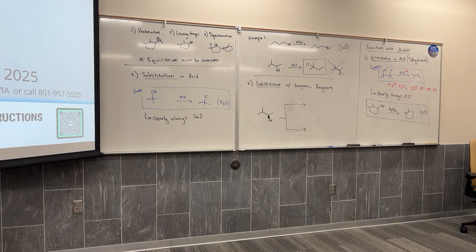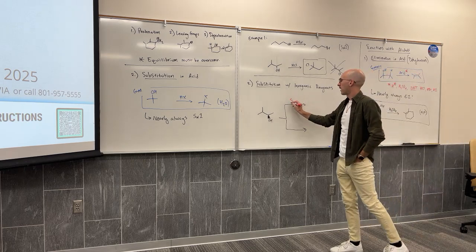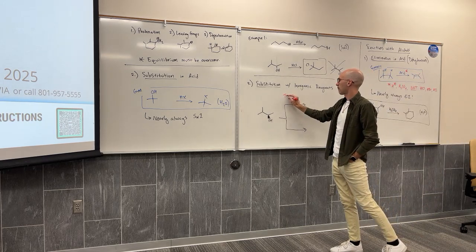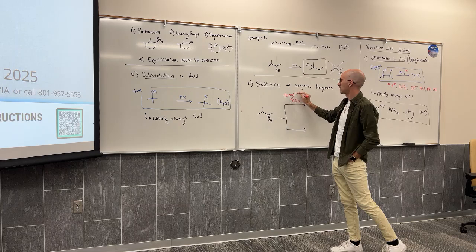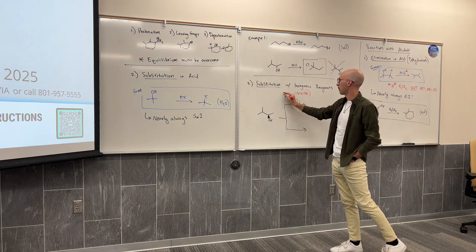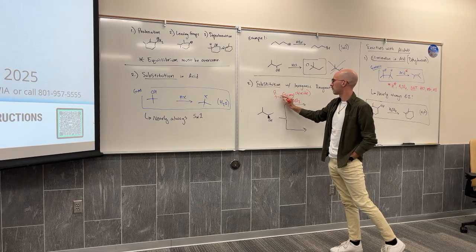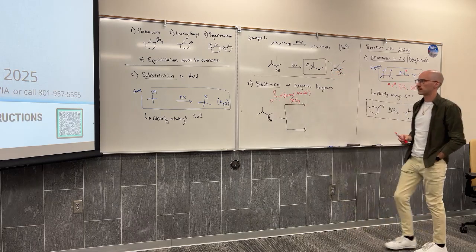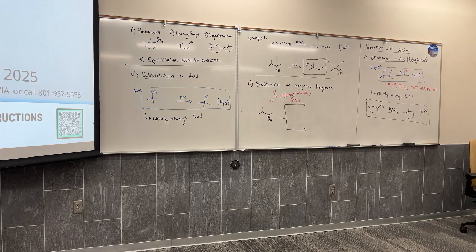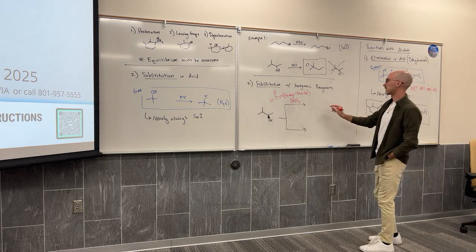If I have R-3-methyl-2-butanol, and I react it with thionyl chloride, that's SOCl2. Thionyl chloride actually accepts electrons from the alcohol, breaks off one of the chlorines, and then that chlorine substitutes the alcohol directly.